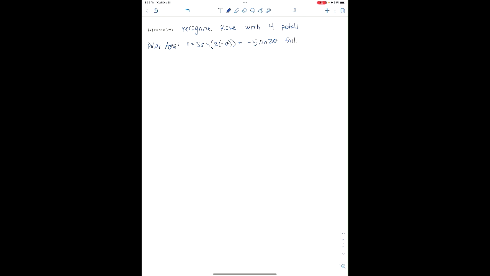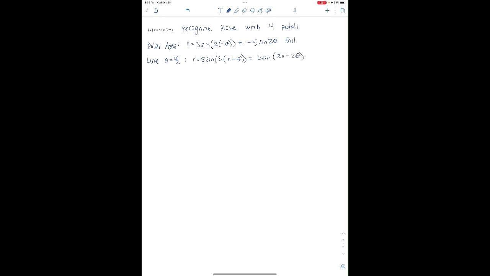That's a fail. So it might not be symmetric with respect to the polar axes. Let's check our line, theta equals pi over 2. We'll have r equals 5 sine 2 theta, and we're going to replace theta with pi minus theta. This gives us 5 sine (2 pi minus 2 theta).